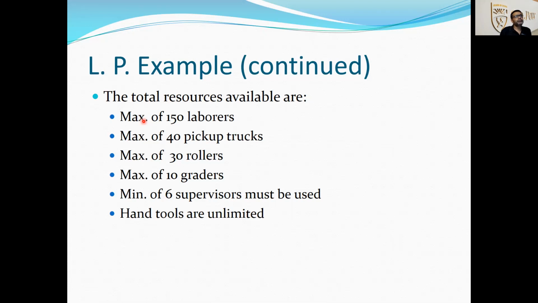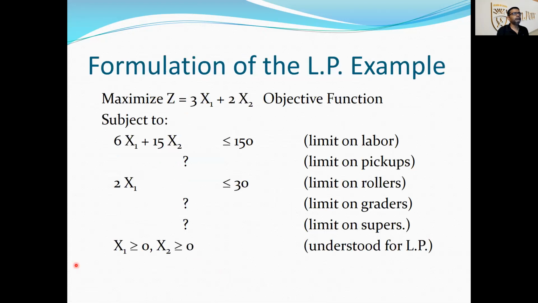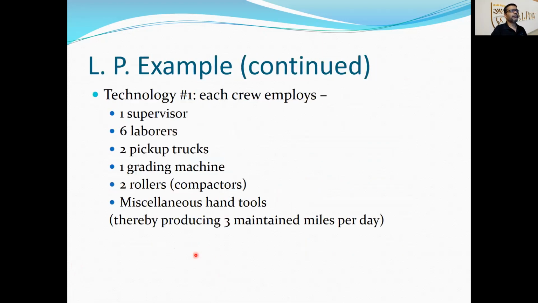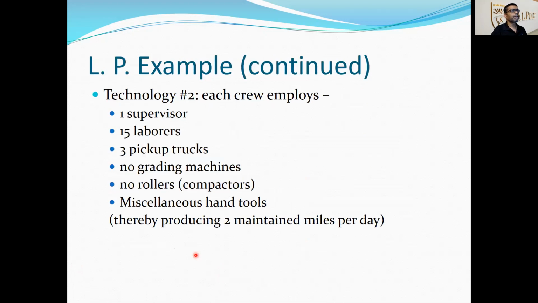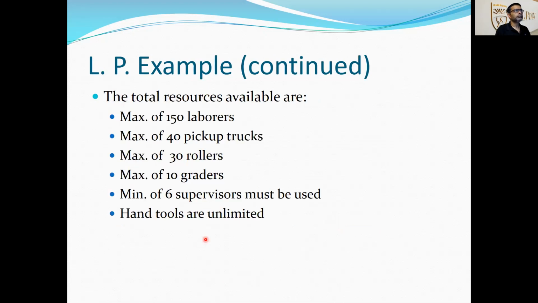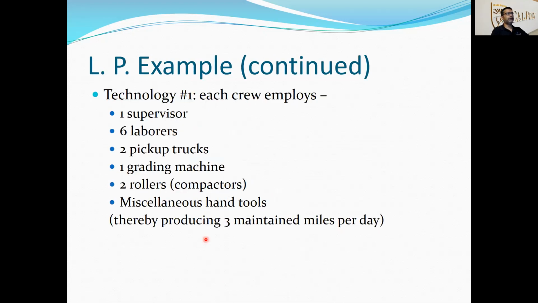So now, I told you already what your objective function is. Let's try to write down these constraints. Remember, you're trying to figure out how many x1, how many x2. So let's look at technology 1 first.